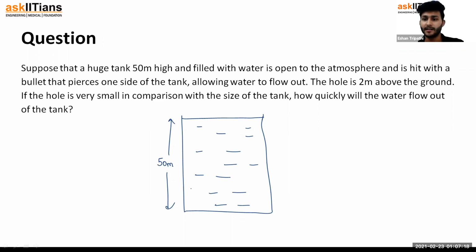Now, a bullet is hit on this container, and a hole is pierced at a height of 2 meters above the ground. Basically, a hole has been made over here by a bullet at 2 meters height. The hole is very small compared to the size of the tank. Again, a very small hole approximately.